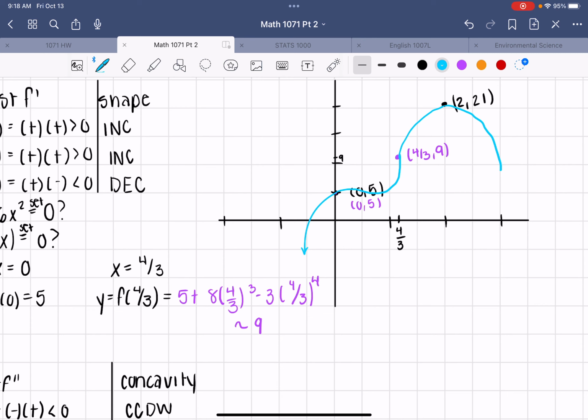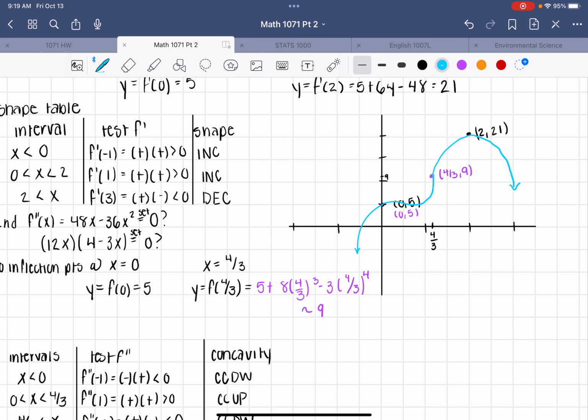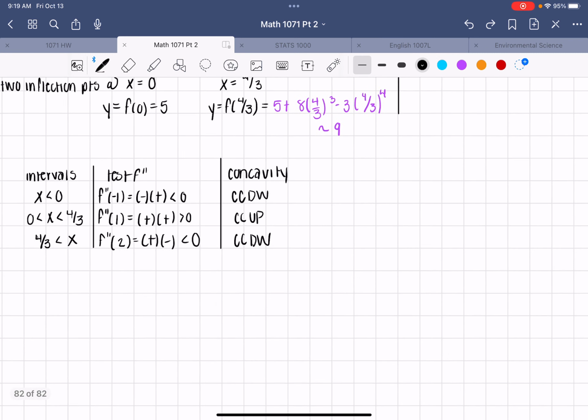Okay? And so here at this 0, 5, that was both a critical point and an inflection point. And does that sort of remind you, you're not surprised at what is happening there.